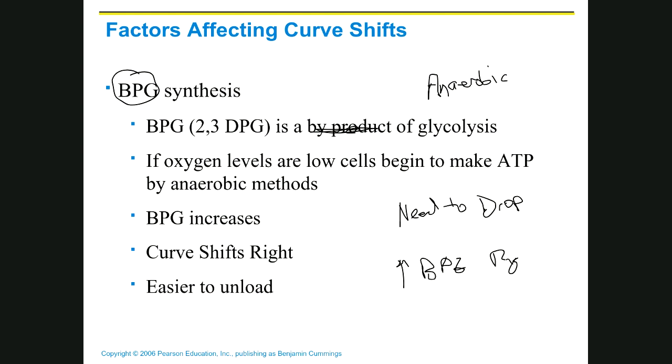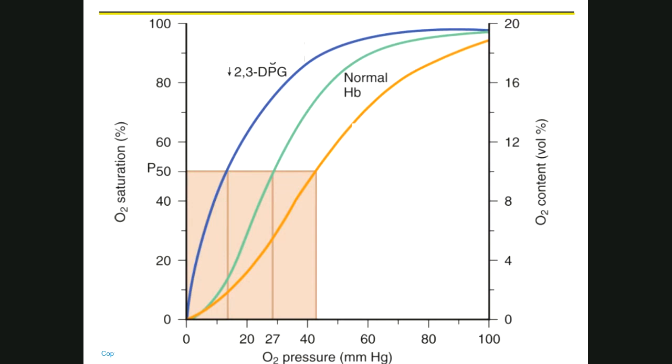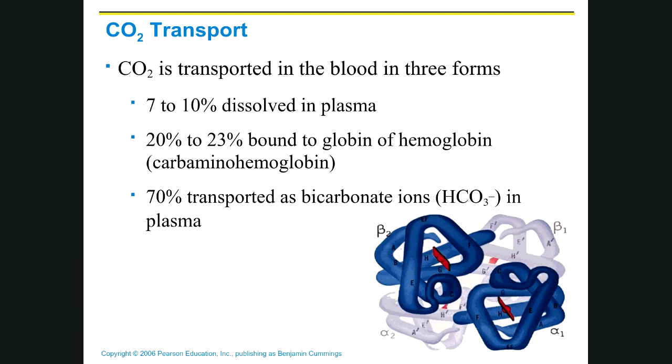If we look at that curve, it looks like this. Here's high BPG, and here's low BPG. If this number goes up, we shift the curve to the right. If this number goes down, we shift the curve to the left. So that's where we stopped last time.